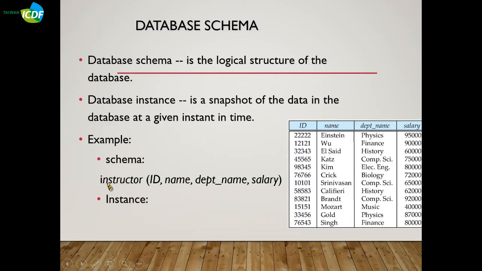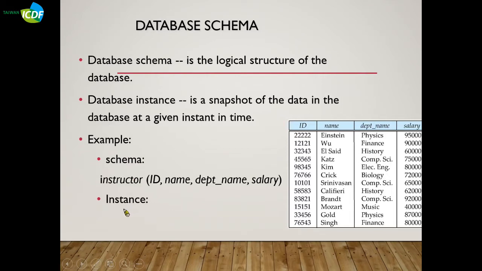First, we have to indicate the relation name, such as instructor, followed by a pair of brackets which contains the 4 attributes inside. With schemas, we can easily express the structure of a table.